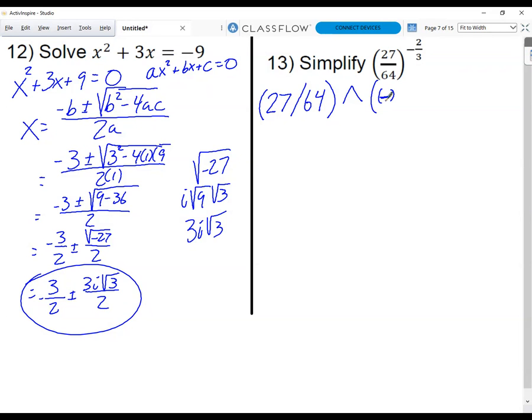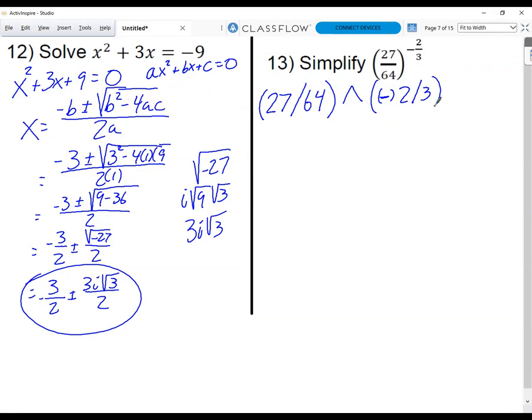I'll put that in the parentheses so you know it's the negative. 2 divided by 3, close your parentheses, and then lo and behold, you are going to get some ridiculous decimal. I'm going to look it up right now.